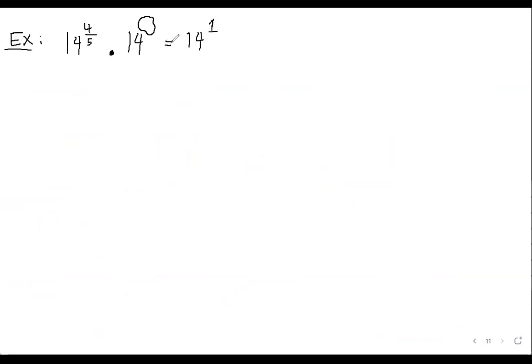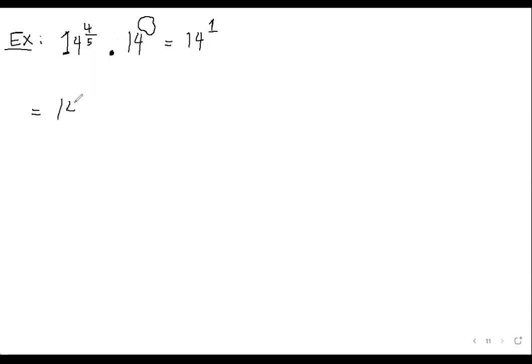How can I think about this? When I see something like that, all of them have the same base, 14, 14, 14. This means we can add the exponents together to give me the 1.